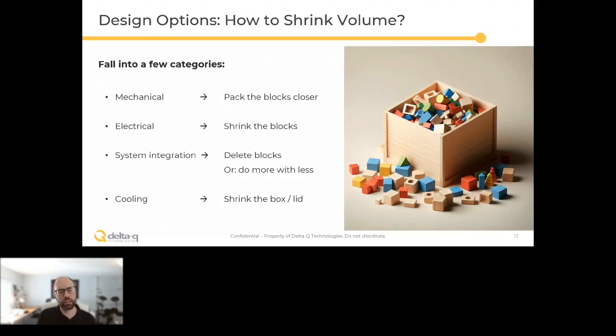Cooling can also help you to get things closer together. Cooling can also help you to shrink the blocks. Really, it's the key to many of these other design options, starting with, as you make things smaller and pack them closer together, how do you get the heat out of this box? So what's actually taking up the space?